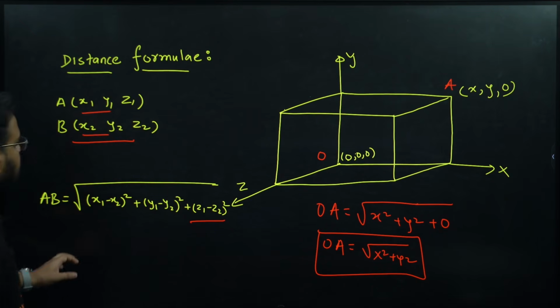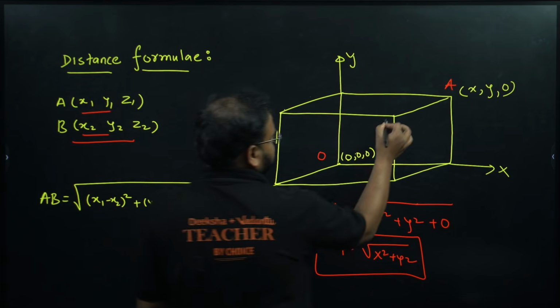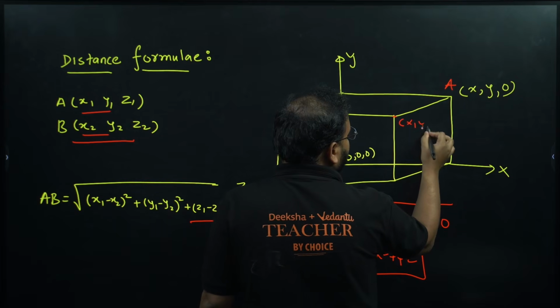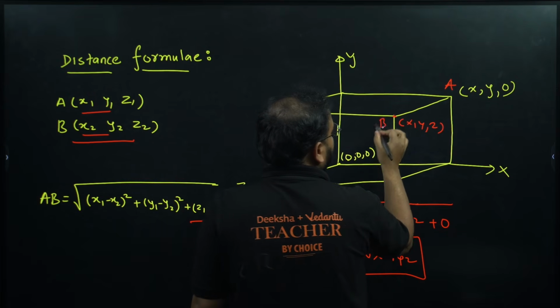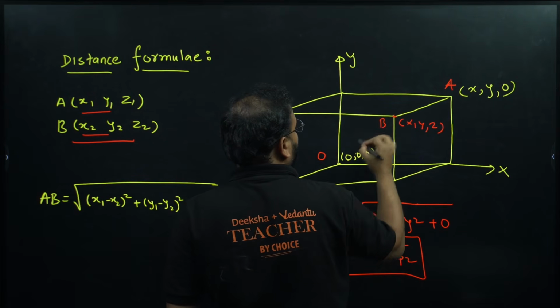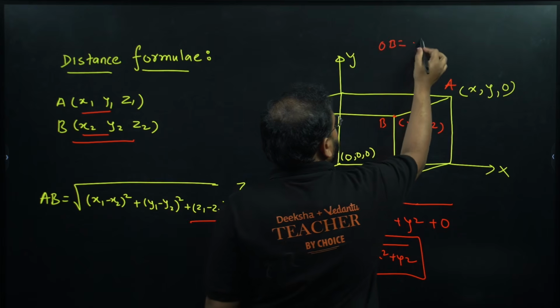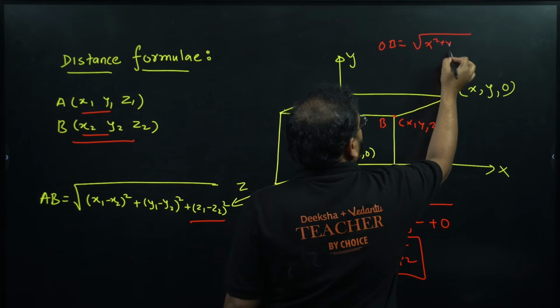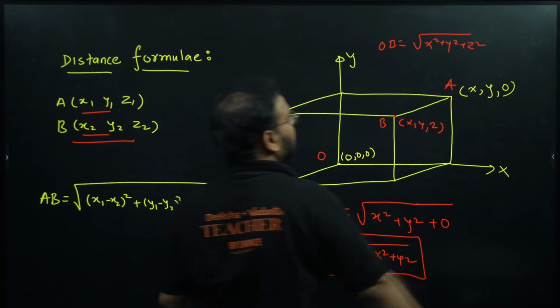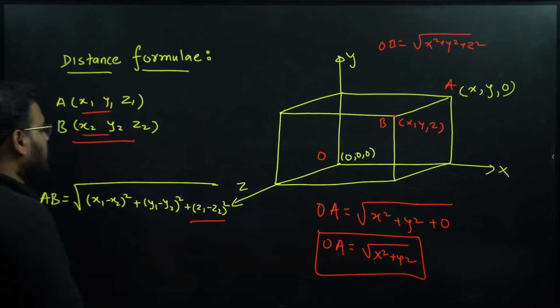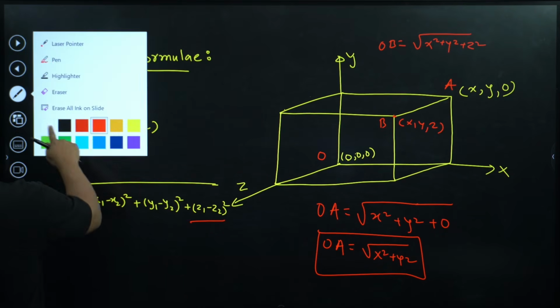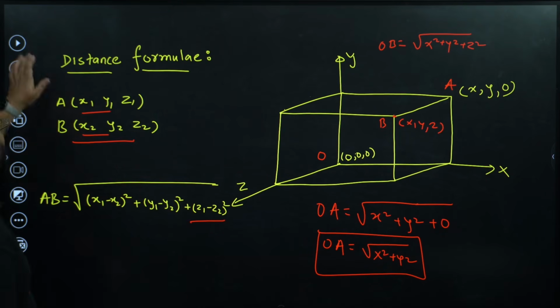Now if you take this point, let's say, with x, y, and z, and call it point B, then the length will change. OB will be the square root of x square plus y square plus z square. I hope this is clear. Please check.